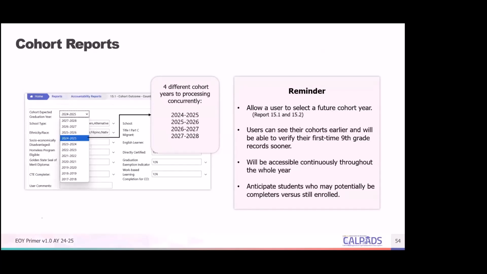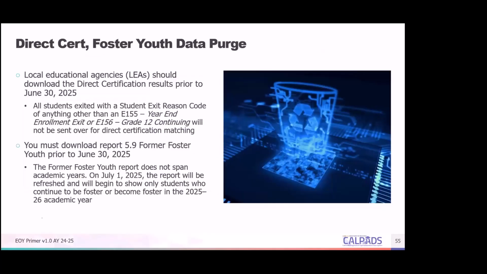So even though you'll need to wait really until the last day of school occurs for every student in your LEA in order to accurately get numbers for cohort, you can look at students who have already left your LEA now in order to ensure accuracy in at least some aspects of those cohort reports early.